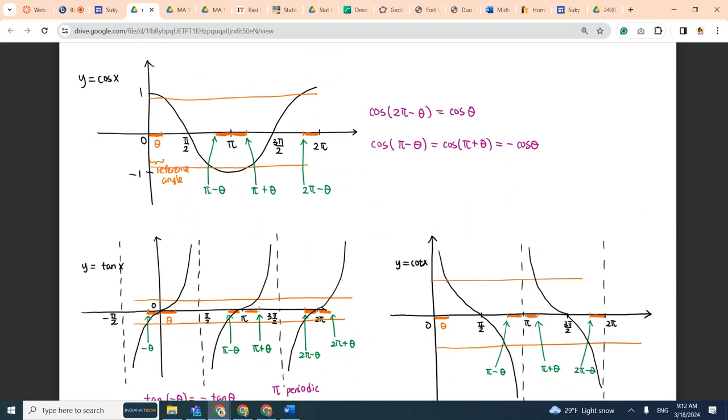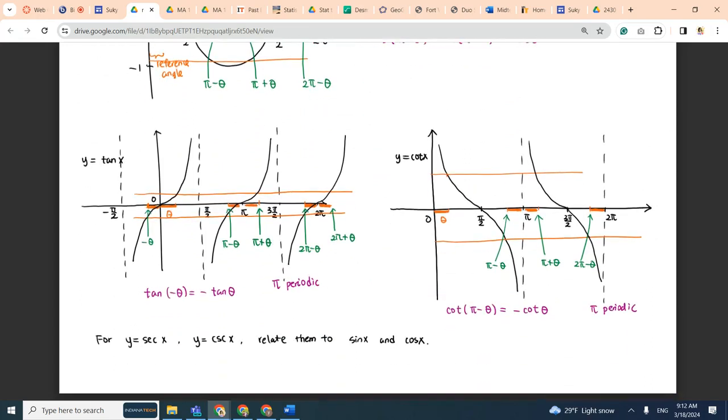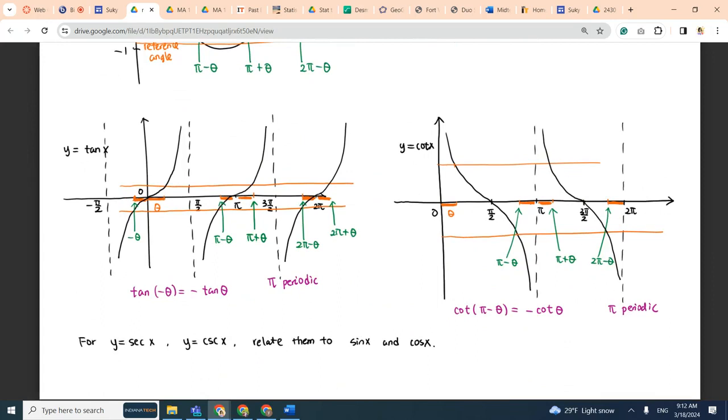Okay, everybody? Next, tangent. So tangent, this little width is the reference angle theta, right, everybody? And then do you see this is the negative theta, right? It's negative. Look at the tangent values. Because it's an odd function, we know tangent of negative theta equals negative tangent of theta, right?